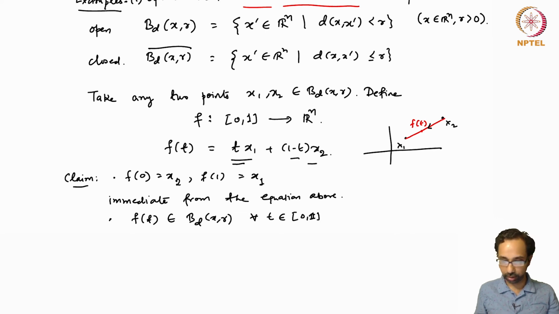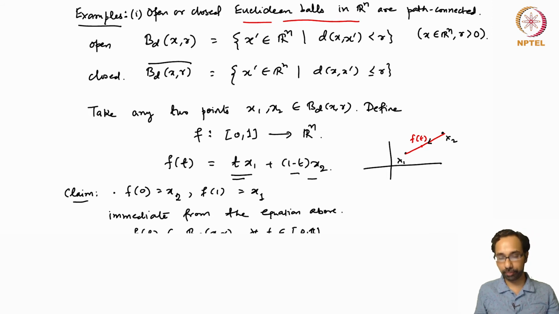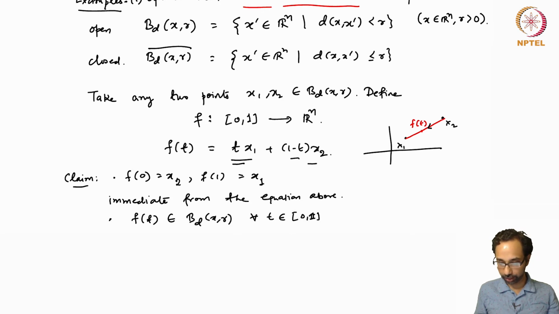This is required because the definition of a path connected subspace requires that the path that joins two points within a subspace must lie within the subspace for all points in the closed interval on which it is defined.